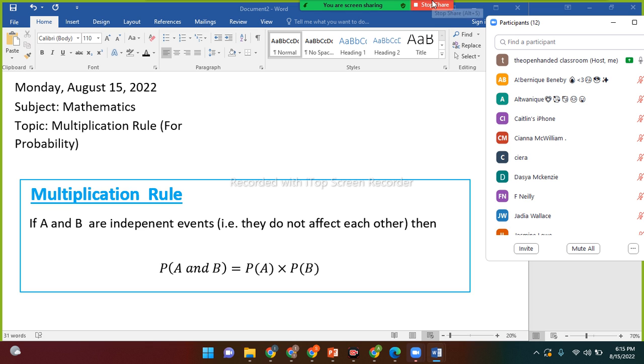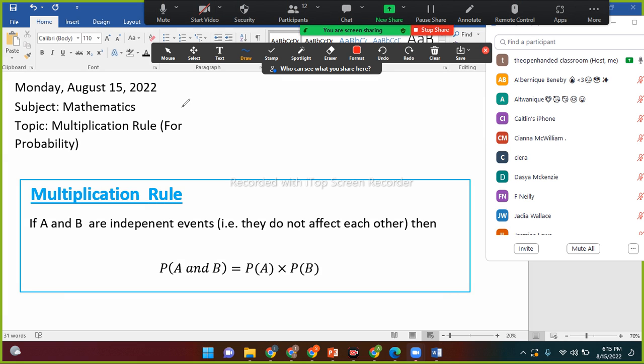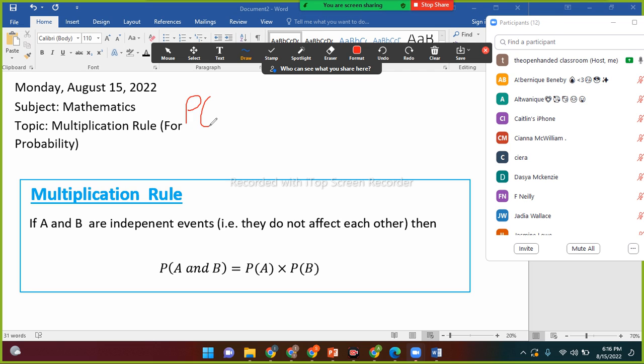So let me show you what I mean. If we have the probability of A or B, then we know that's going to be equal to the probability of A plus the probability of B. That is what we call the addition rule.